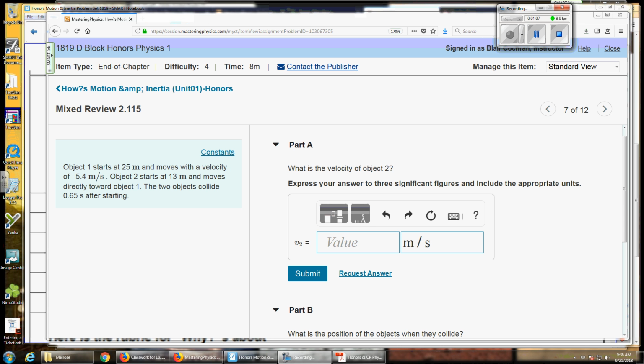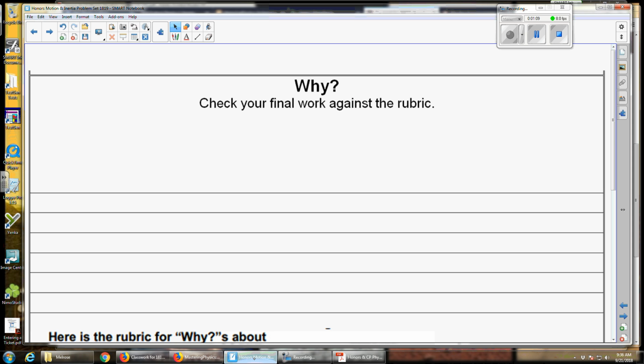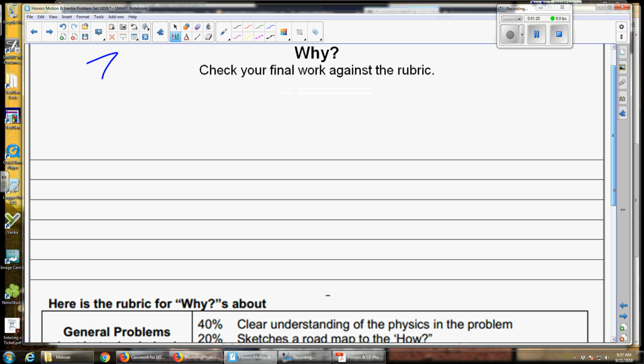All right. So we need to do the Y for this one. So this is number 7. What must be true for two things to collide or to meet? Couldn't just one of them be moving? Not actually conditions.